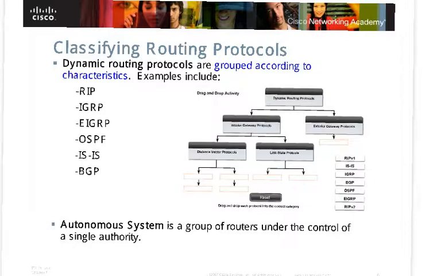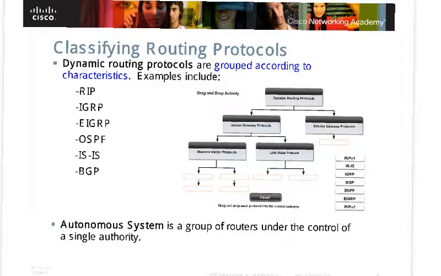So again, this categorization came from the fact that you have what we call an autonomous system. An autonomous system is a group of routers under the control of a single authority. Okay? So this is like a boundary of a group of routers. All of them will use the same interior routing protocol. So inside one autonomous system, you can use one interior gateway protocol.